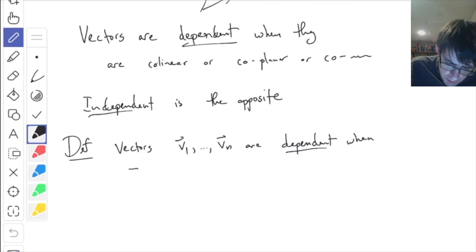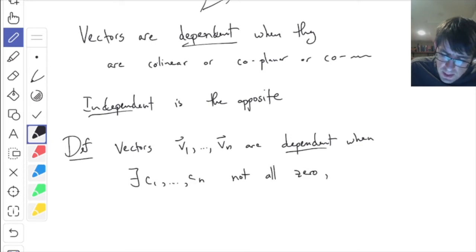The definition is weird. I hope you remember it. There exist constants, C1 up to Cn, not all 0, such that C1 V1 plus blah, blah, blah, plus Cn Vn equals 0.